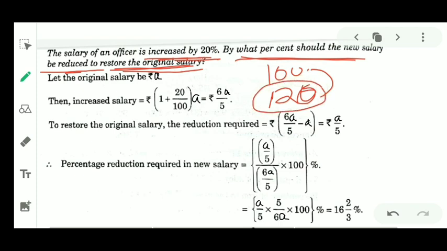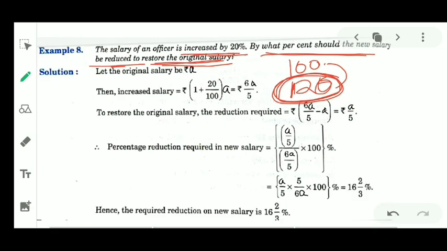If you decrease the number by which percent gives you the original number, meaning 100. Clear? What is the decrease percent of the new salary? That is 120. So he will get the same original salary, that is 100.